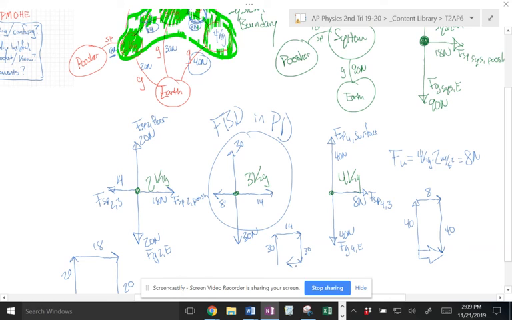What do I get for an FU? 6. 6 divided by 3 kilograms, 2 meters per second squared. Checks out. Notice I've got 8 newtons, 8 newtons. Notice I've got 14 newtons, 14 newtons. What's up with that? Forces come in pairs.